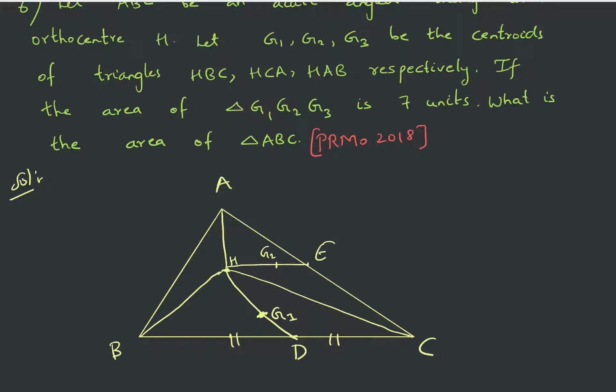Let us say this is the midpoint E, and if I draw the median here, G3 would be somewhere here. Sorry, this would be the midpoint F. Yes, so just let me make this figure a little bit clear.